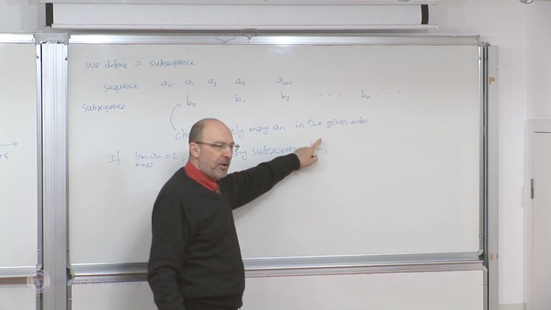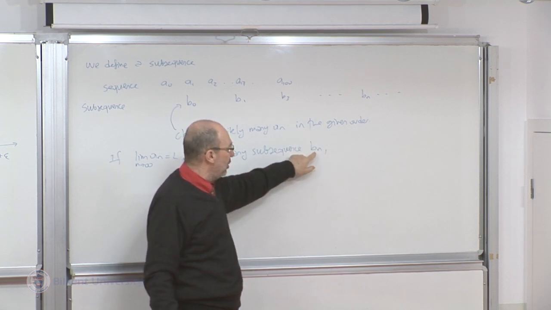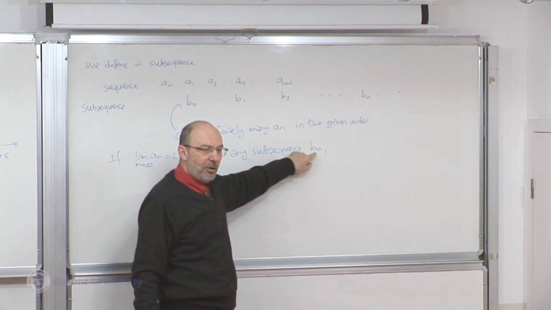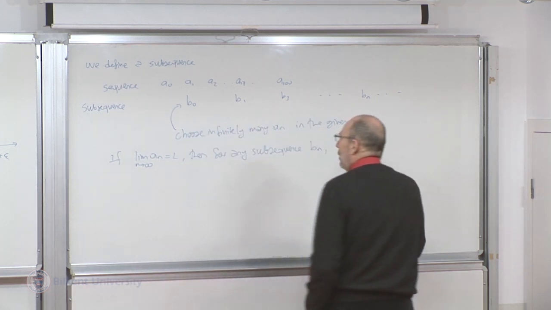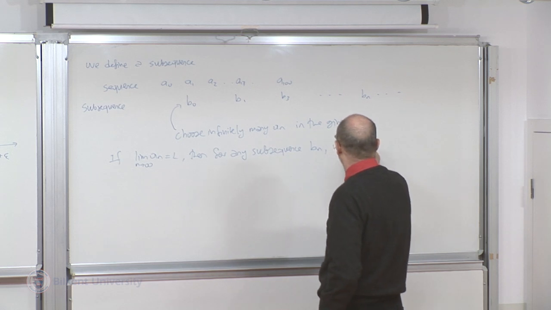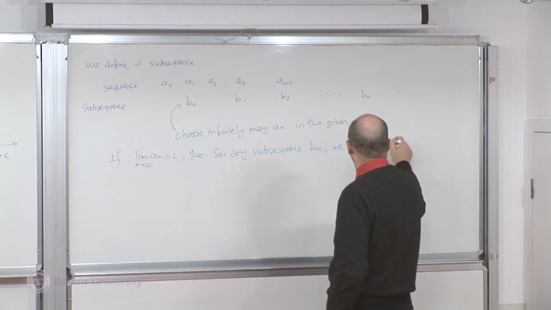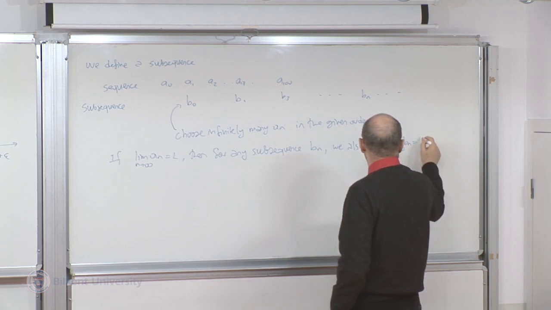Sometimes they put a bracket around this, sometimes they put an arrow. I'm using this notation Bn to denote both the element Bn and the sequence Bn. The context will make it clear. So then for any subsequence Bn, we also have the limit of Bn as n goes to infinity is equal to L.